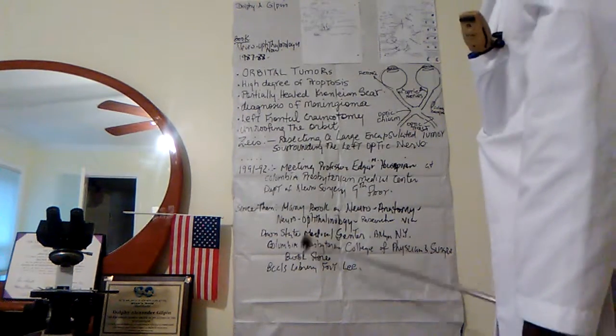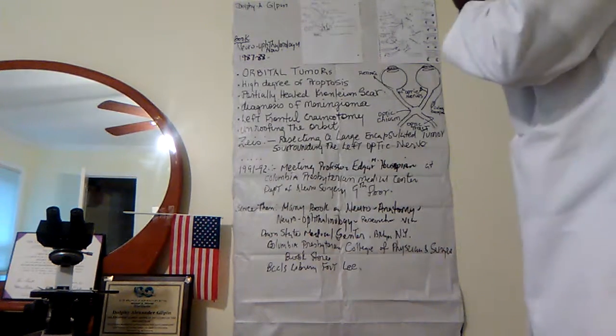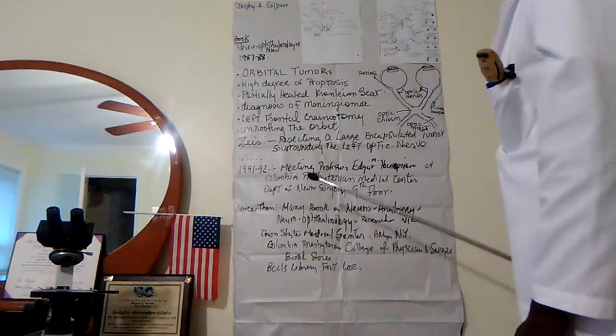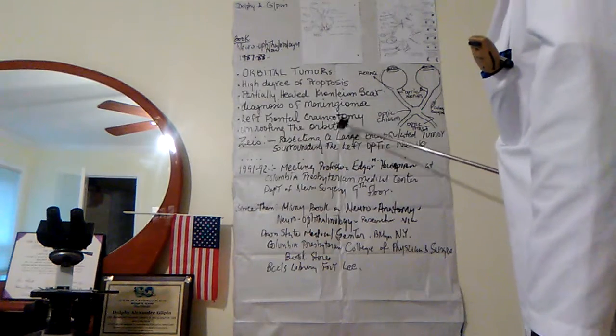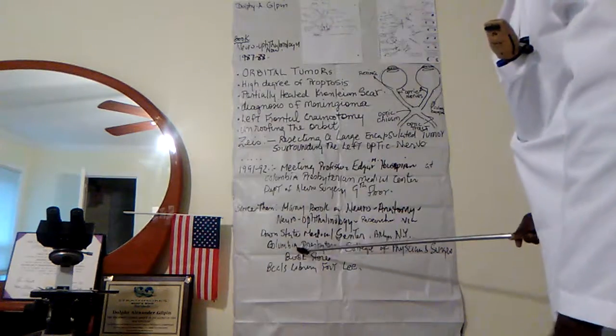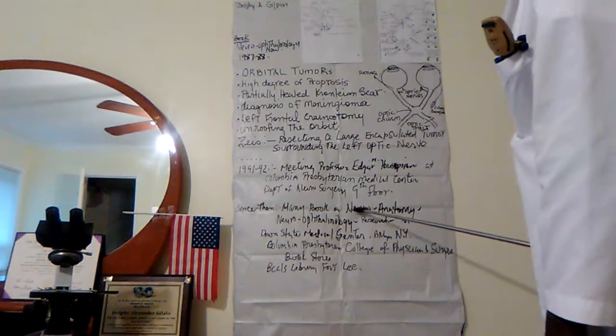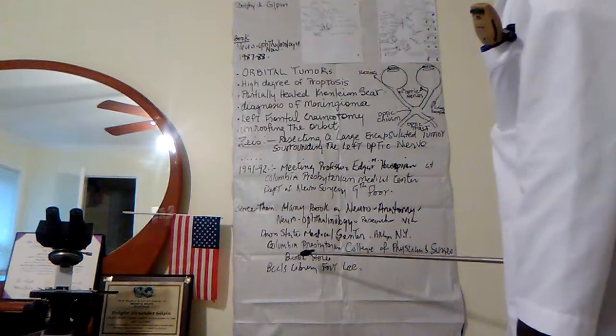And since then, I have researched many books on NeuroOphthalmology and neuroanatomy in particular. And since I'm focusing on that aspect of medicine this time, I have left out the other fields of medicine, which I've also researched. But I'm focusing on NeuroOphthalmology and neuroanatomy at this time.